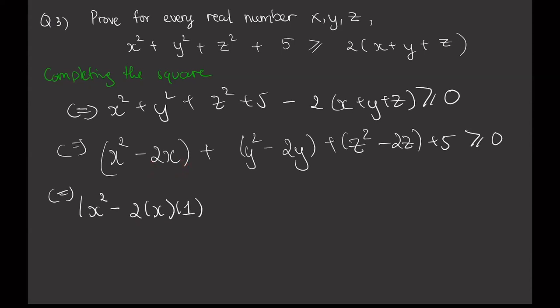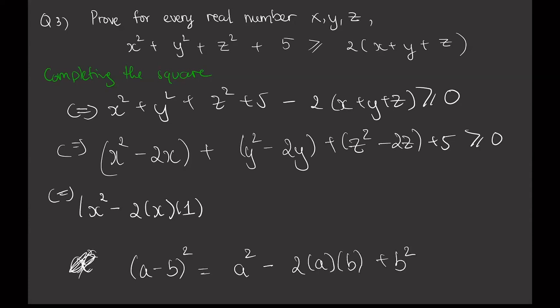And in order for it to be a square, if you look at the pattern, (a minus b) squared is a squared minus 2 times a times b and then plus b squared. You can see x is in the role of a and 1 is in the role of b. So what I'm missing is plus b squared, which is plus 1 squared, which is plus 1.